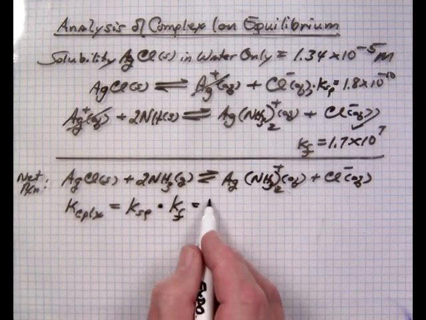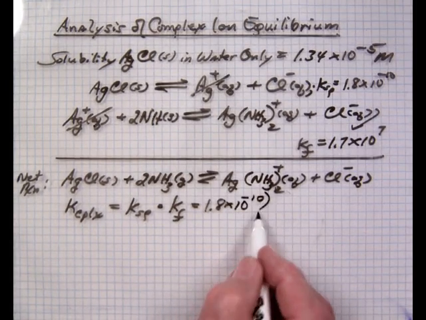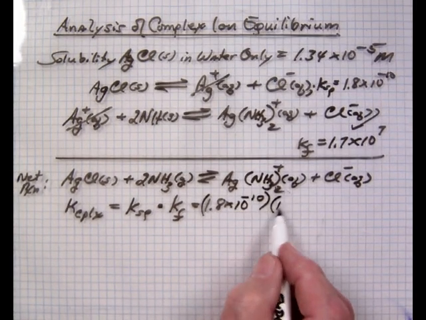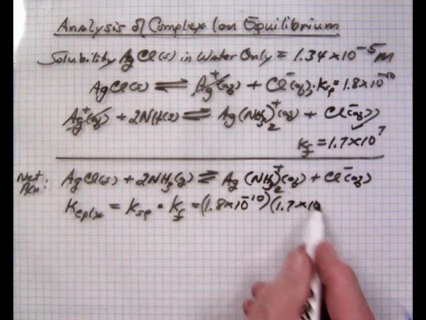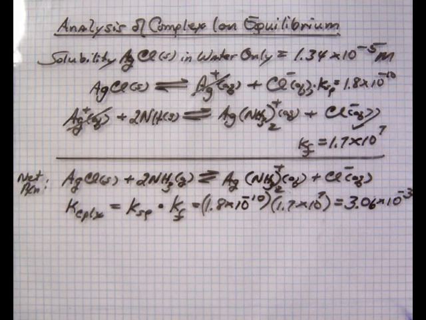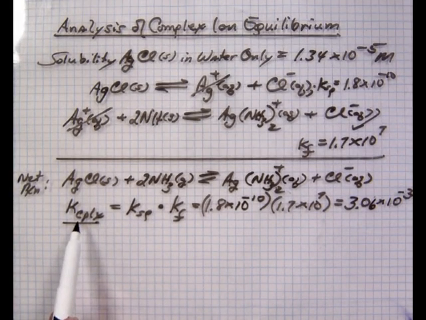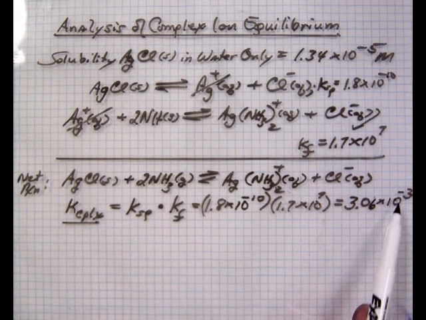which will be 1.8 times 10 to the minus 10 times 1.7 times 10 to the positive 7. So this shows the complex K, our equilibrium constant, to be 3.06 times 10 to the minus 3.